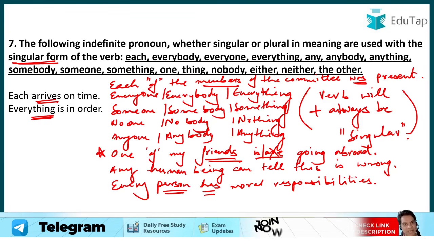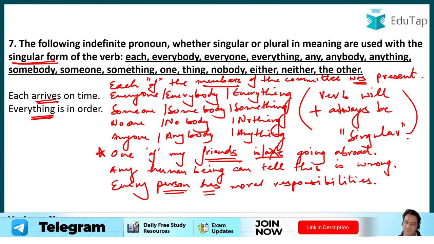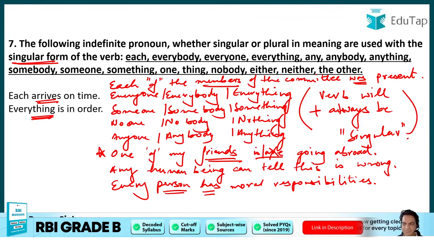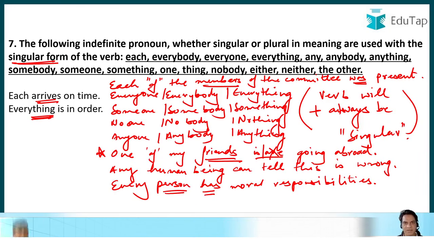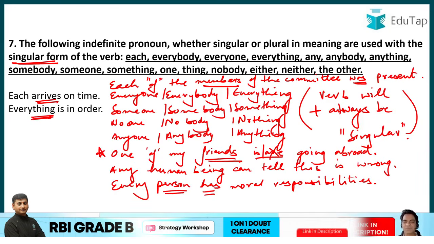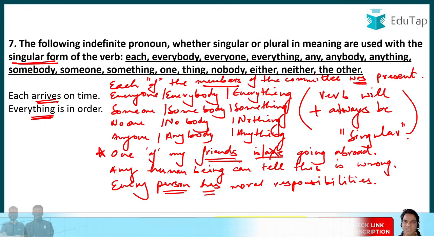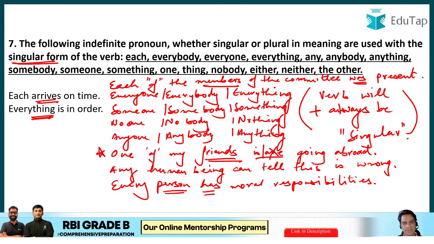So even if and is used with these words, the verb will still be singular. Each family member and each friend was present at his funeral. So if these words are used at the beginning of a sentence, the verb shall always be singular. You need to remember that.